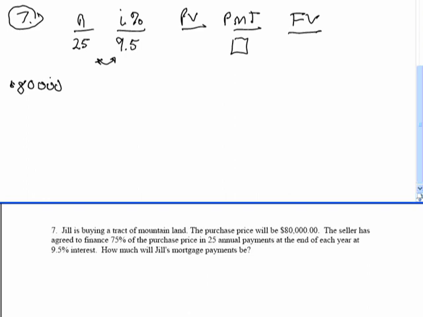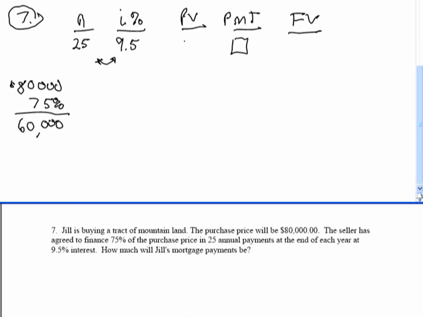We know that the purchase price is $80,000. That's not the mortgage amount, and we're calculating a mortgage payment. So what you want to do is calculate the mortgage amount. So Jill is going to borrow 75% of the purchase price, or 60,000, right? 75% of 80,000 is 60,000.